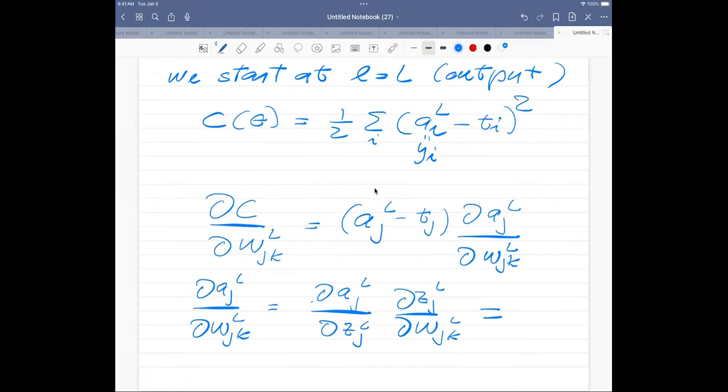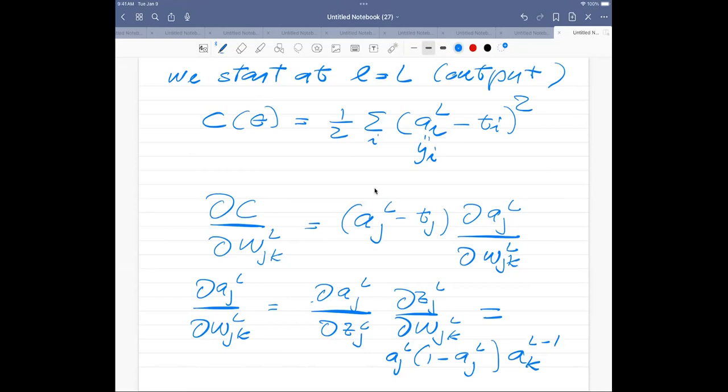And then what we get is that this one becomes equal to aj of L times 1 minus aj of L, multiplied with the previous layer with a node k of L minus 1. So I'm just using those helping expressions to find this derivative using the chain rule. So I can then plug that back into the expression for the derivative of my cost function.